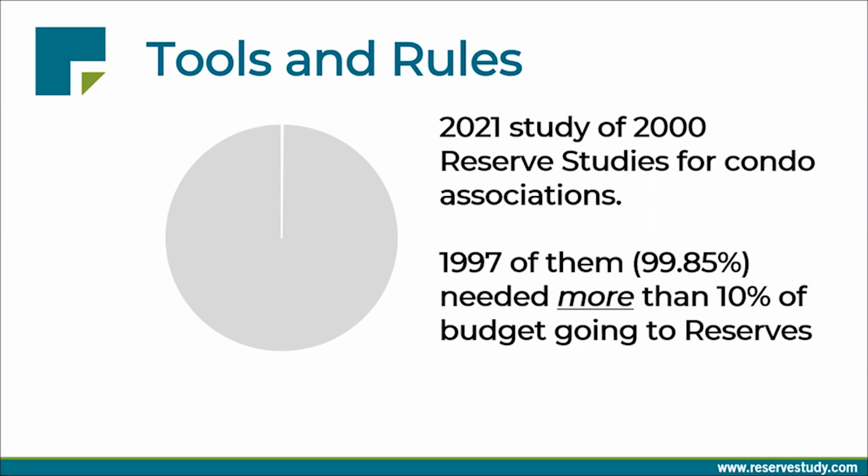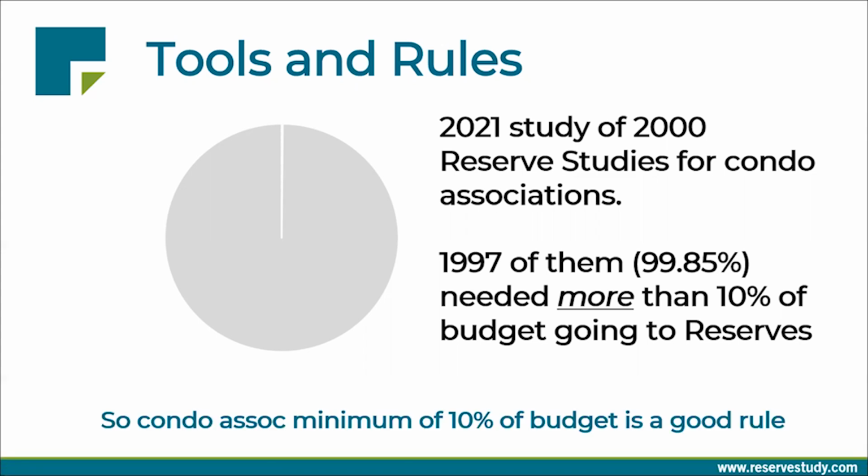And you can't even see the slice of condo associations that had legitimate reserve funding less than 10% of budget. It's just trivia. Actually, it's ridiculous. Those were 3 very significant exceptions, and so it's a good rule. That's what I want to communicate here. If you're a condo association, start out with a minimum 10% of budget going to reserves. That's just going to serve you and the association well.